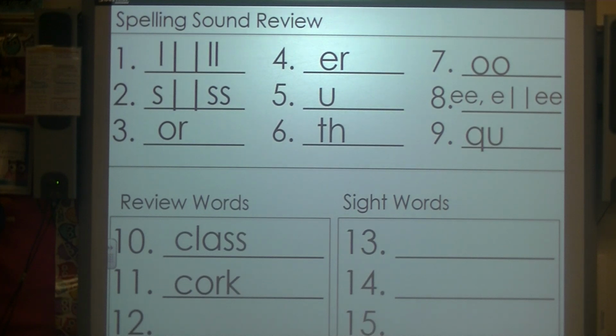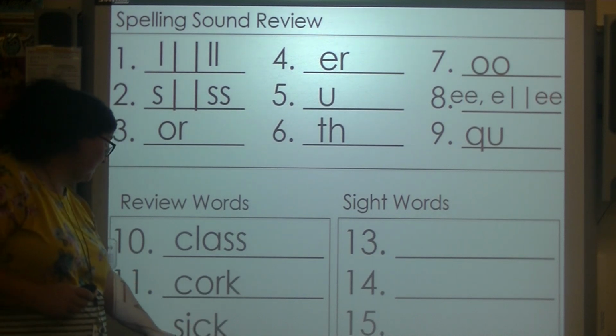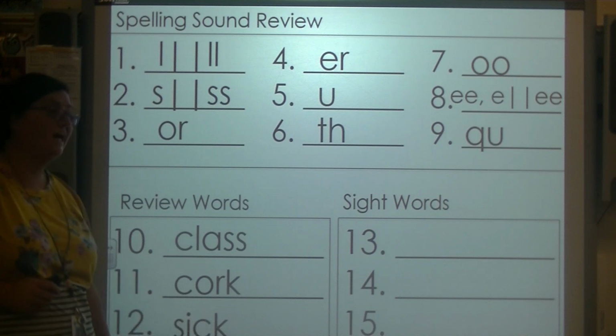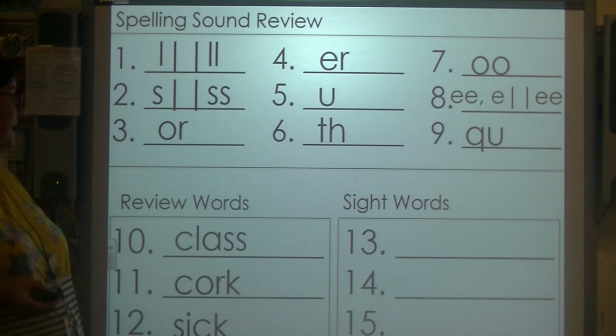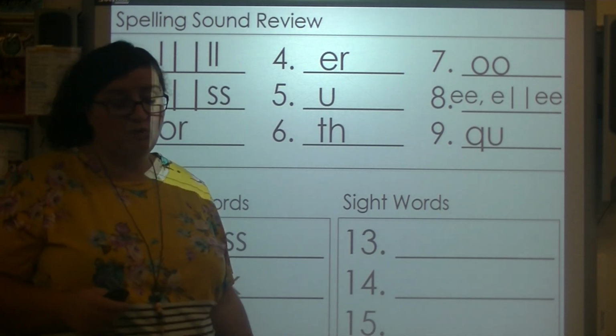Okay, let's spell sick. S-I-C-K. We've got a short vowel sound followed by K. It is CK. All right, starting on your sight words, your funny words.